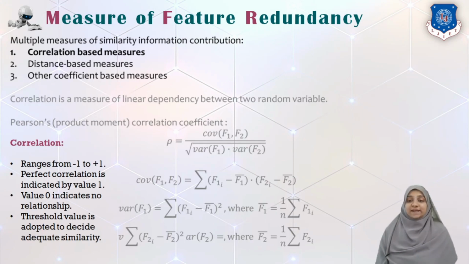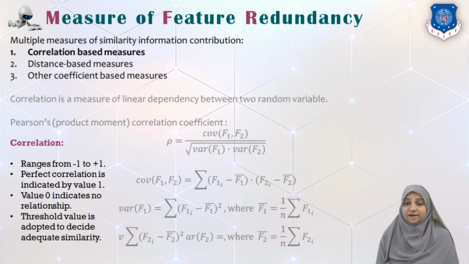Let us discuss the value of correlation. What value would I get as an output of Pearson's correlation? Pearson's correlation value can range from -1 to 1. Value 1 of correlation gives perfect correlation. That means both of these features are perfectly correlated. If value of Pearson's coefficient is 0, we say that these features are not in relationship or they are independent.